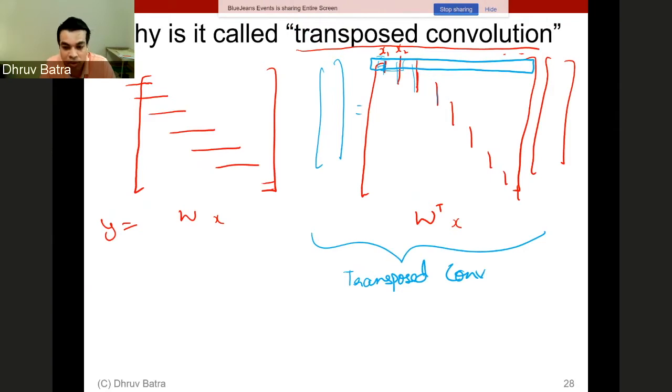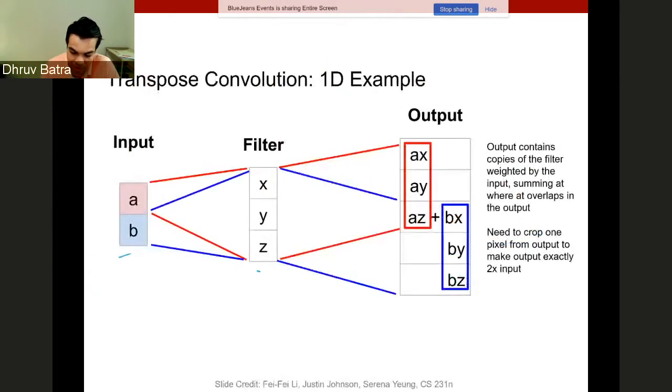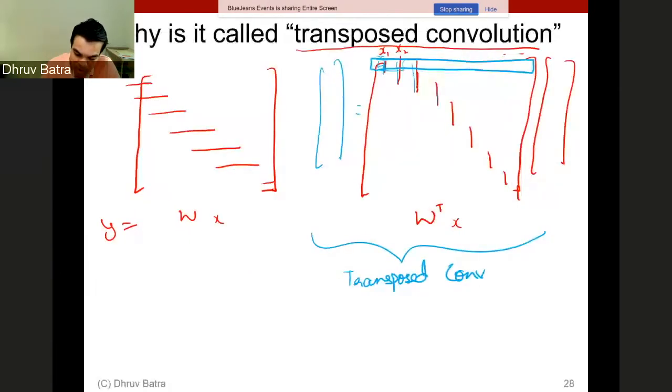Right now on this slide, we're just trying to visually show you that if a convolution can be represented as a Toeplitz matrix with a sliding structure happening on rows, if you take a transpose of that matrix, you will get this sliding structure happening on columns. And then when you do a matrix-vector product, you will get exactly this intuition, that this input was multiplying this filter, because if you just stare at the previous thing, the input multiplying the filter is exactly what you expect to happen in this.